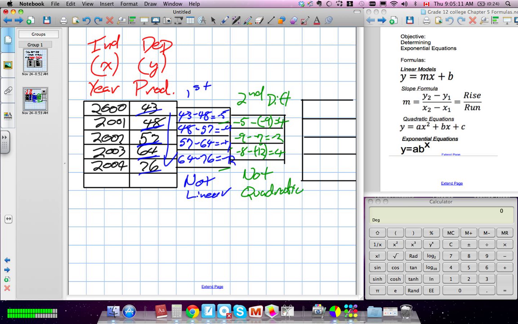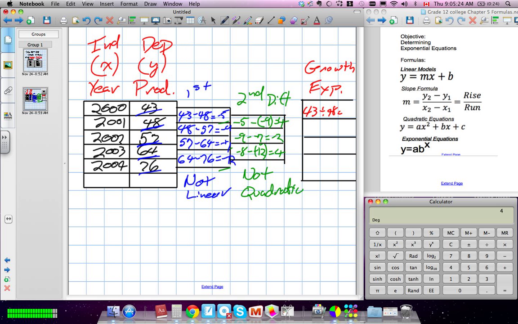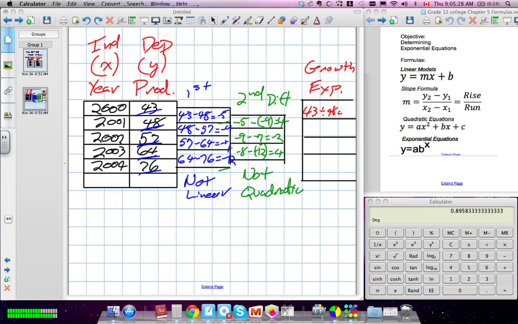We'll divide the two. 43 by 48 is 0.89. 48 divided by 57 is 0.84.